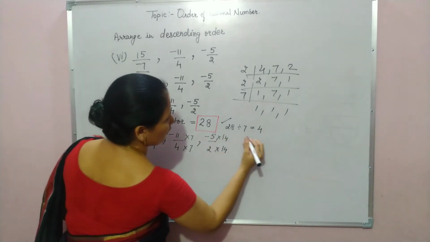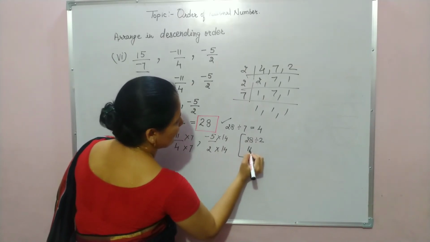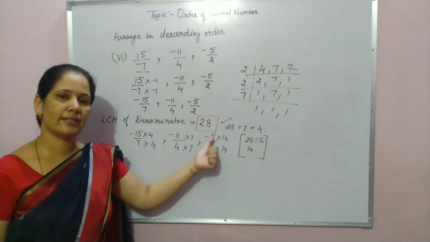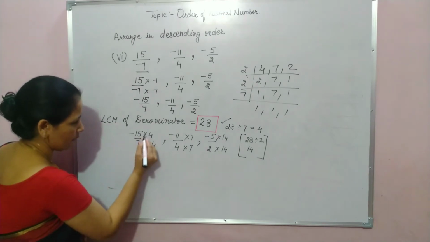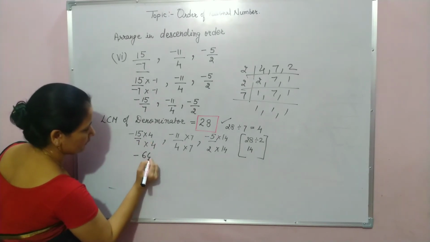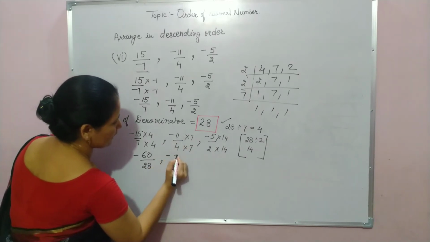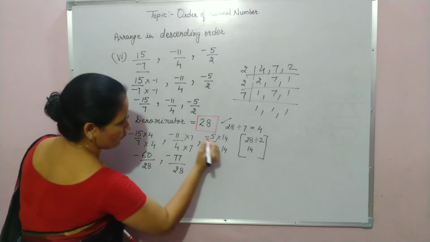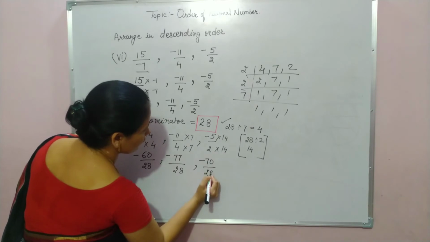Why 14? Because 28 divided by 2 gives 14. Now multiply: 15 times 4 is 60, 7 times 4 is 28, 11 times 7 is 77, 7 times 4 is 28, 14 times 5 is 70, then 14 times 2 is 28.